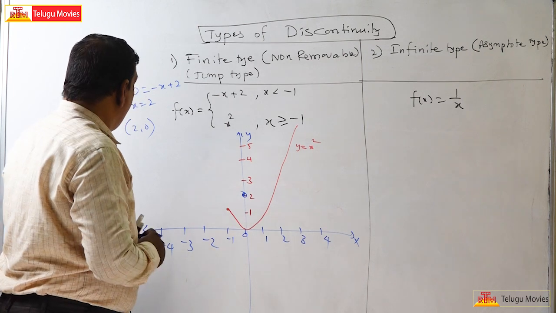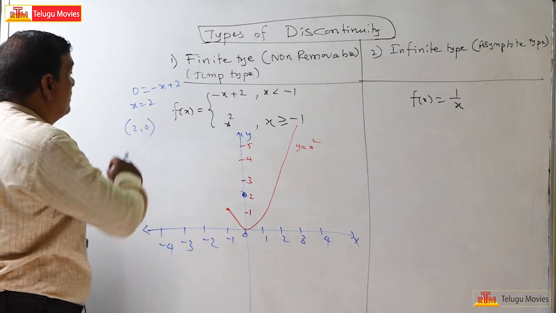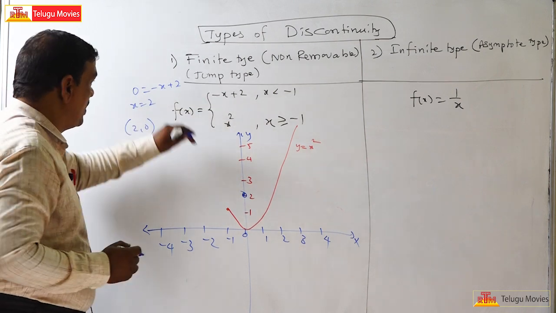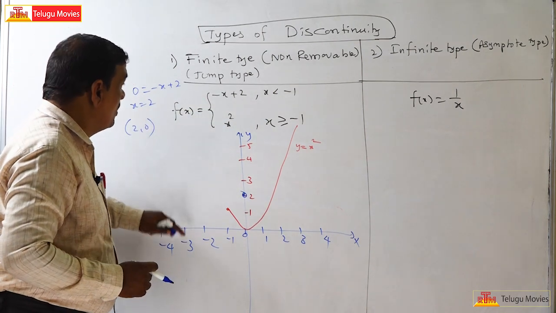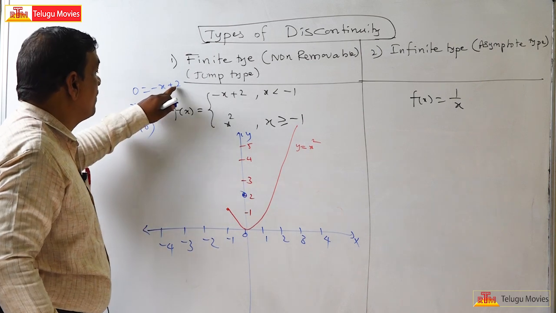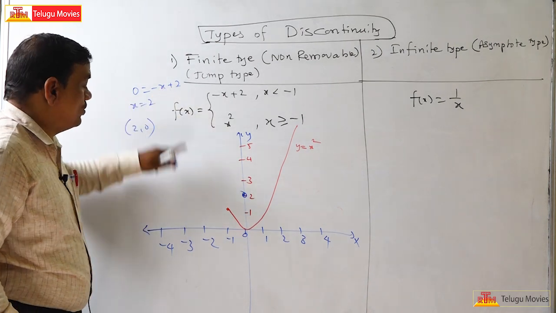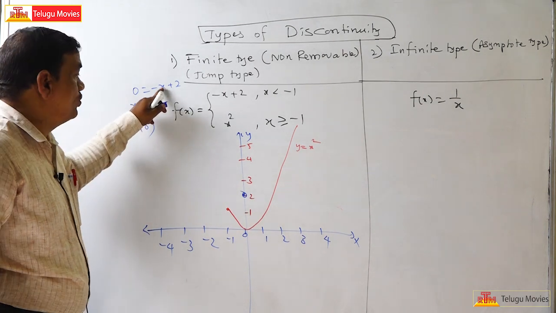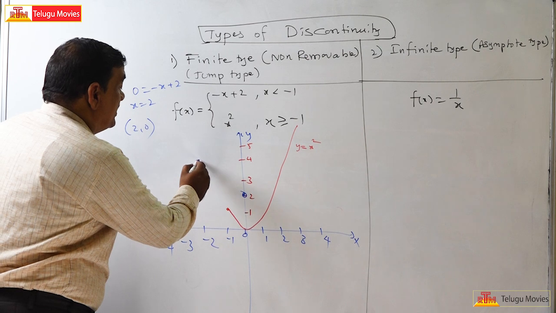Sorry, we have to take x values here, not the y value. So let us take minus 2. If x is equal to minus 2, we get minus of minus 2, 2 plus 2, 4. So you will get a point here.